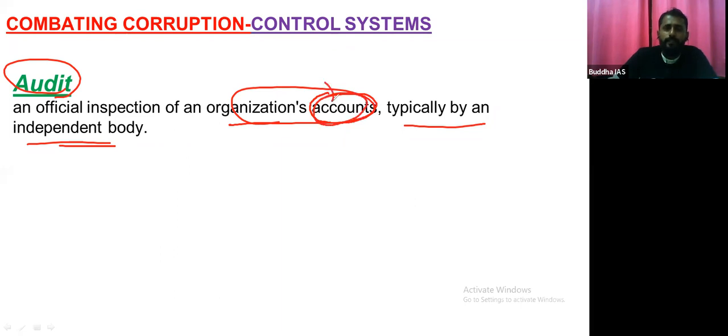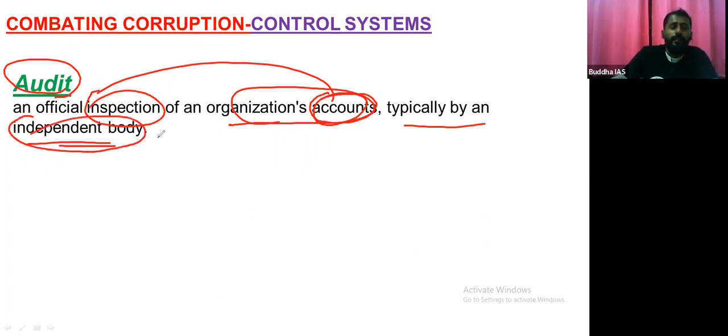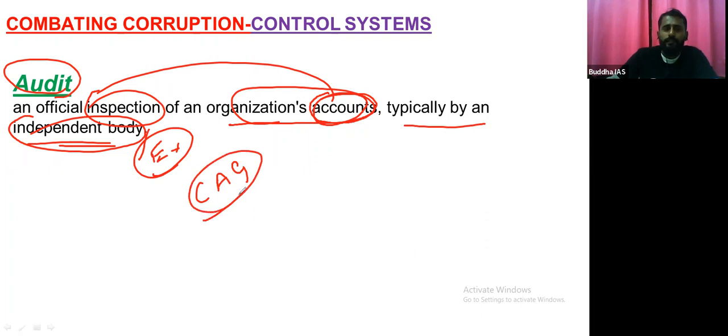Generally it is done by an independent body, and generally it is external, meaning not present within the system. For example, the CAG. CAG is independent and also external, it is not present within the executive.